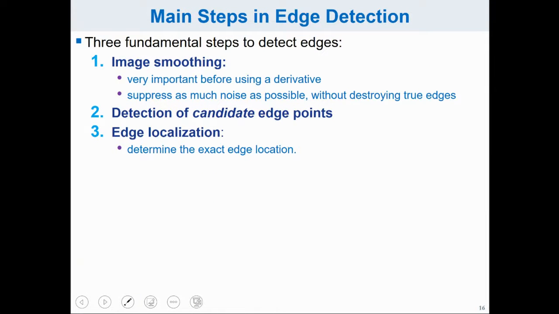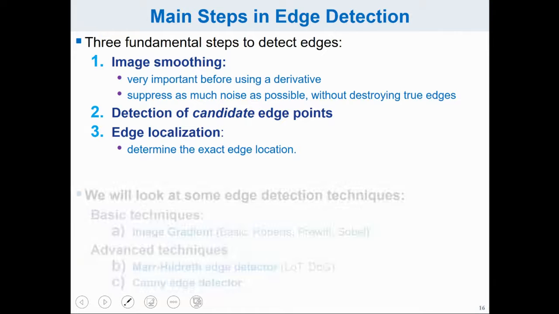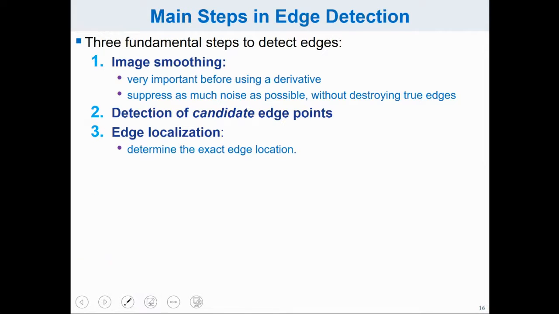So it suppresses the noise and tries to remove that. The second thing is we need to detect the edge points. And then we need to do edge localization, which is to make sure that these edge points are in their true location. So these are really edge points.